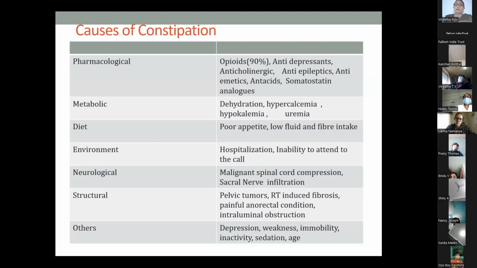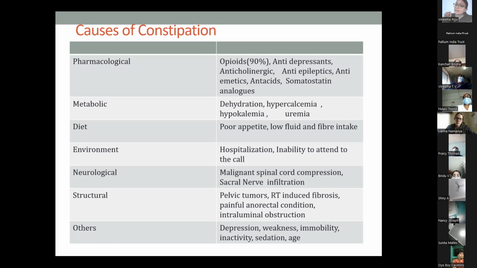Now, neurological causes, like probably it's a spinal cord compression, paraplegic patients, quadriplegic patients, all these patients also can have constipation. Or maybe it's some tumor sitting in the pelvis, okay? Or this patient has had radiotherapy for that. Or maybe there was so much hard fecal matter that when the patient was trying to pass motion, it caused tears in the anal area.